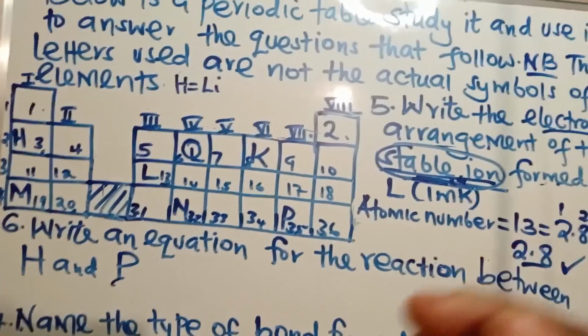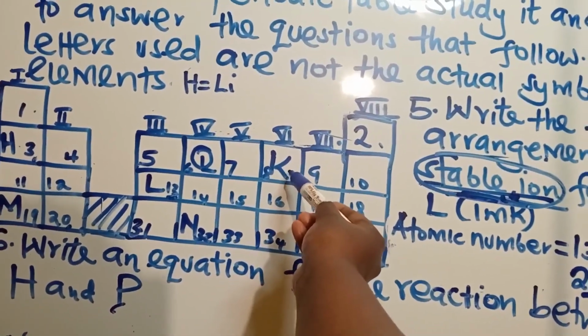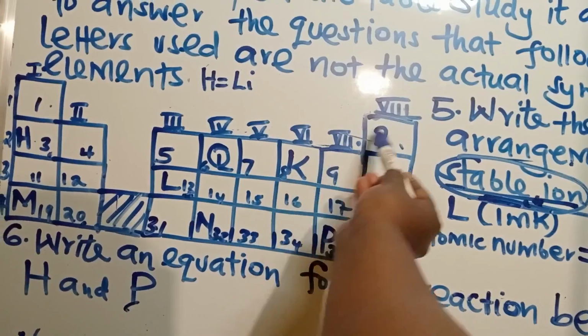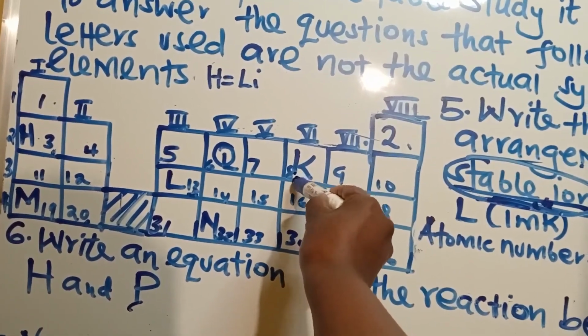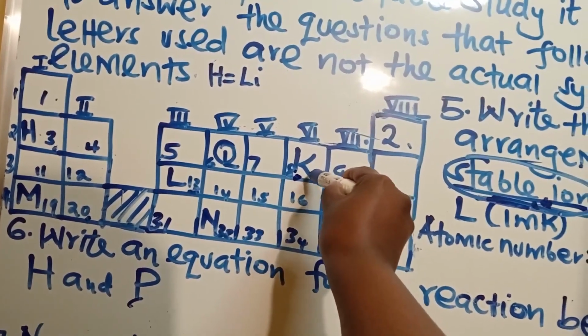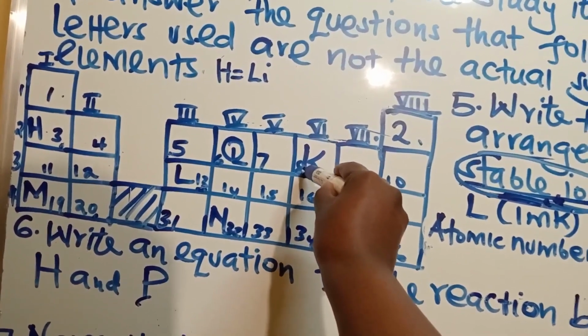Right now, for another example, is this K. Among the first 20 elements, K represents potassium. But from the atomic number, K is atomic number 8. So K is just a letter representing oxygen, because oxygen is the one that is atomic number 8.